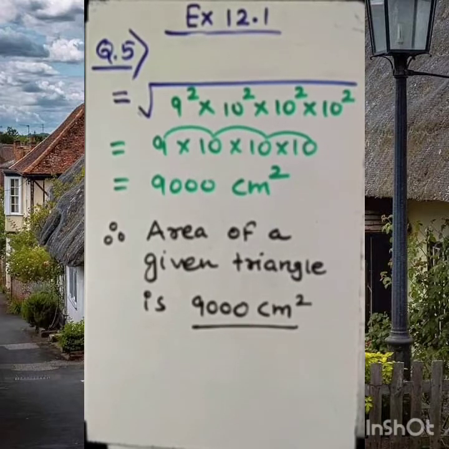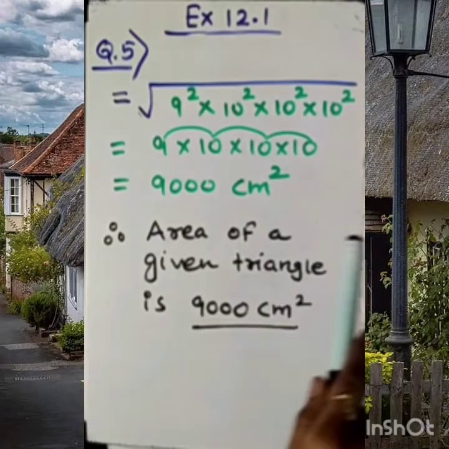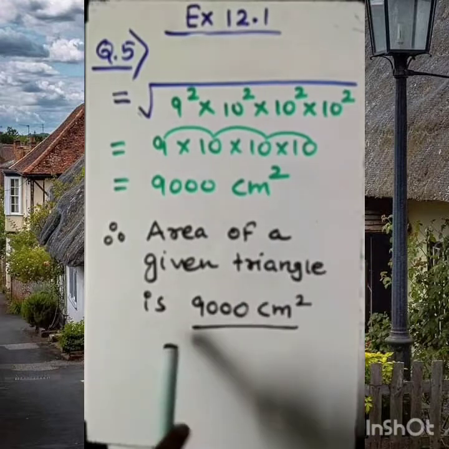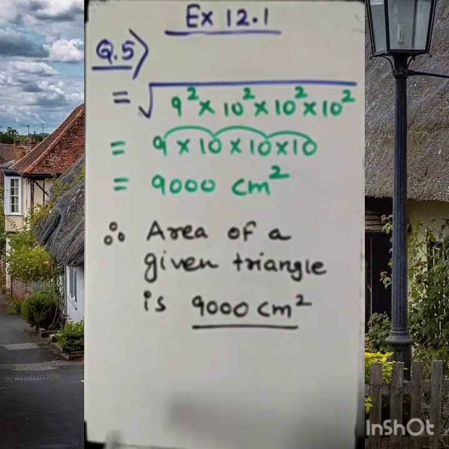In the third step, we found the semi-perimeter, that is S, 540 divided by 2, it was 270. In the next step, we found S minus A, S minus B, and S minus C. And then in Heron's formula, we substituted all these values. The final area we are getting is 9,000 centimeters square. Easy.